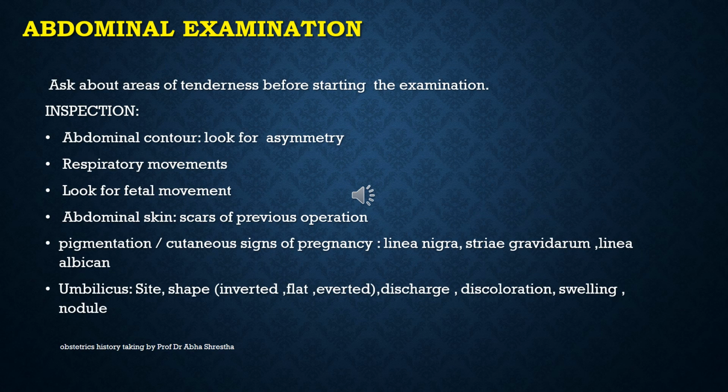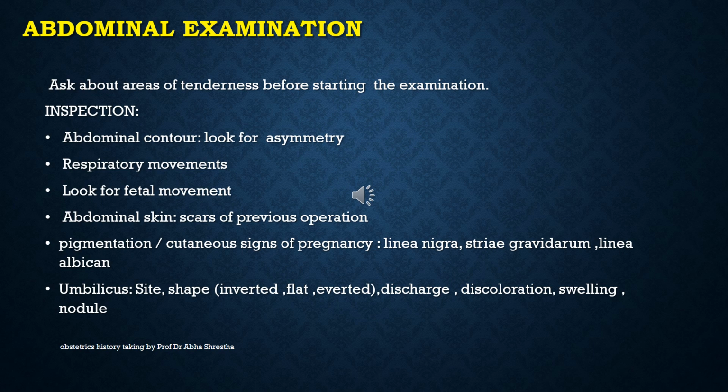Continuing with abdominal examination, prior to the palpation, we should ask the patient for the areas of tenderness. And when palpating, we should come to that area last. Before that, we should inspect the abdomen. We should inspect the abdomen for its contour, look for the asymmetry.